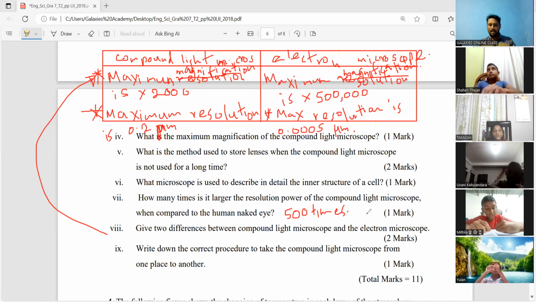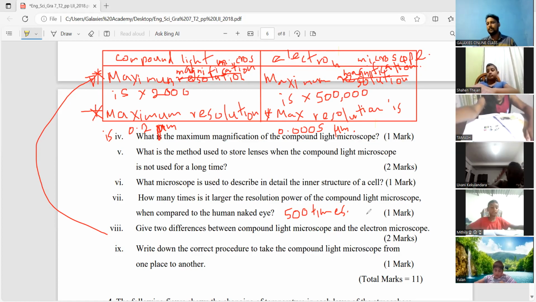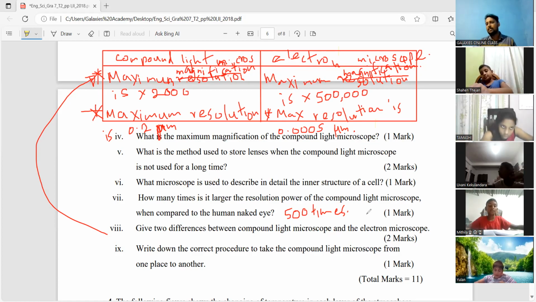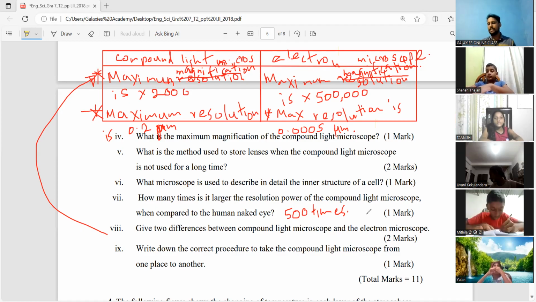Then you have to hold the microscope towards your body. They are the procedure.